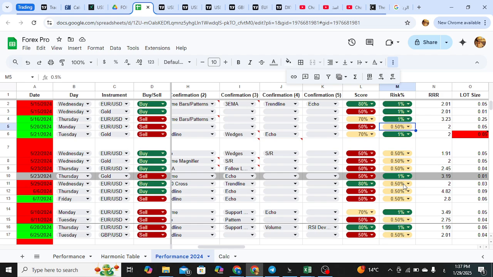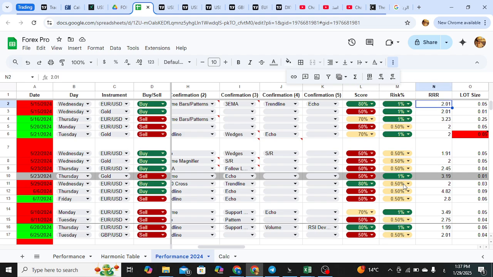That means I'm willing to lose $10 out of the $1,000 capital or account size. If it is an 80% score, then I am ready to risk 2%, which is $20 of a $1,000 account.